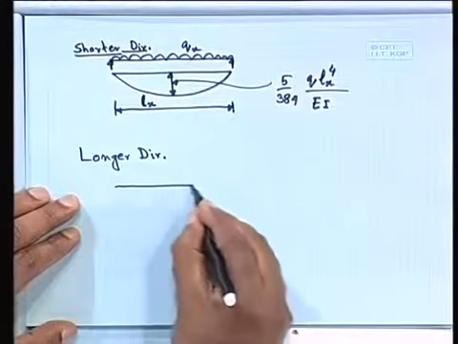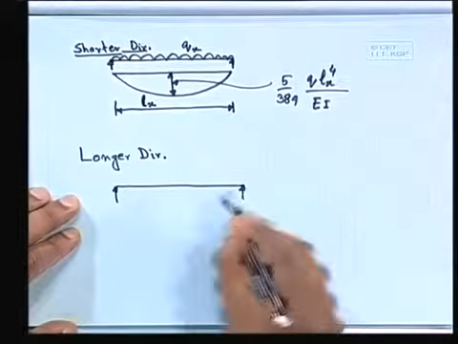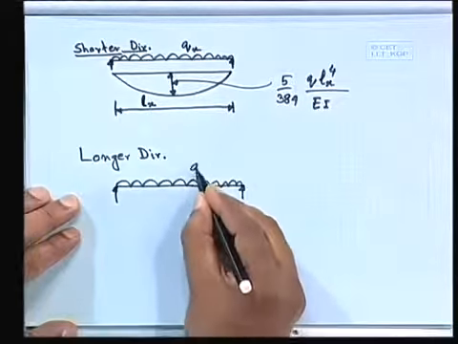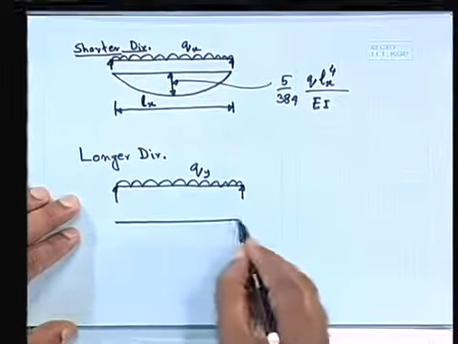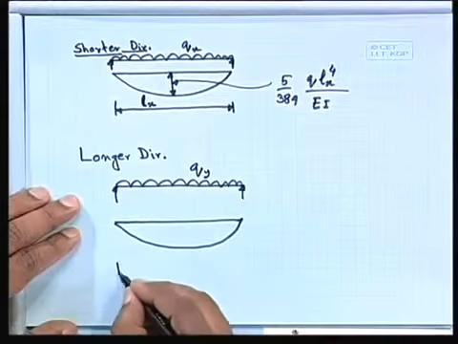The other one is in the longer direction. In a similar fashion we can write down, on this side we have the UDL Qy and we have the vertical deflection, and this is your Ly.